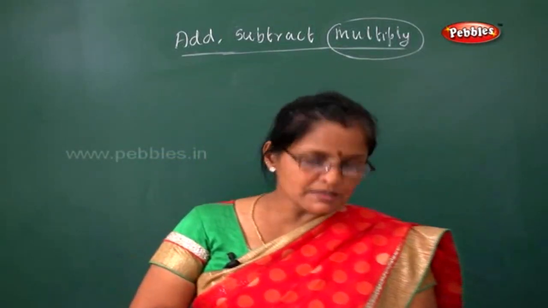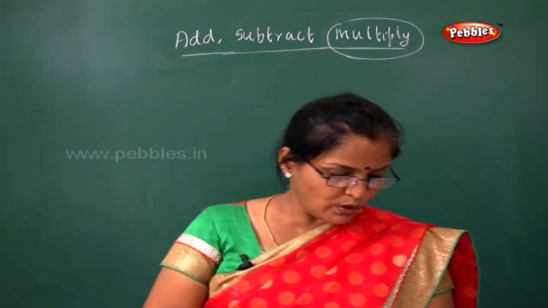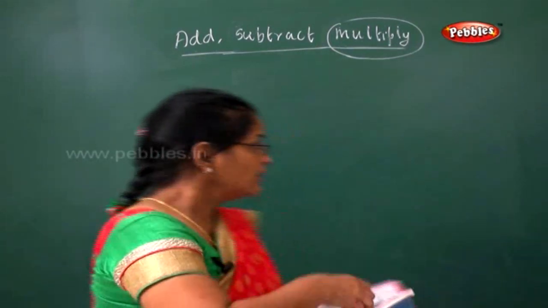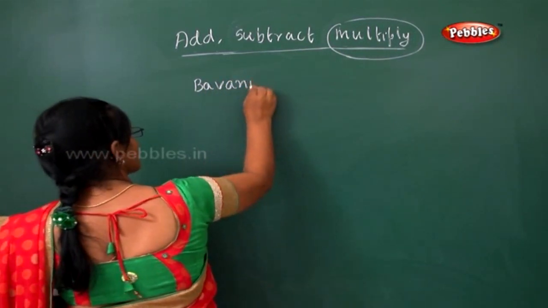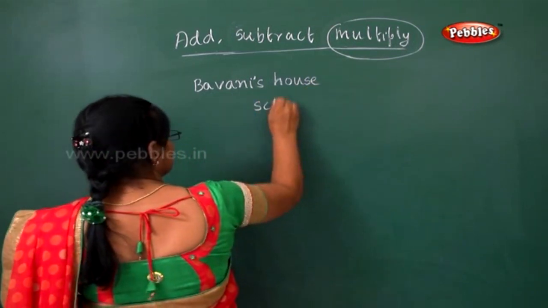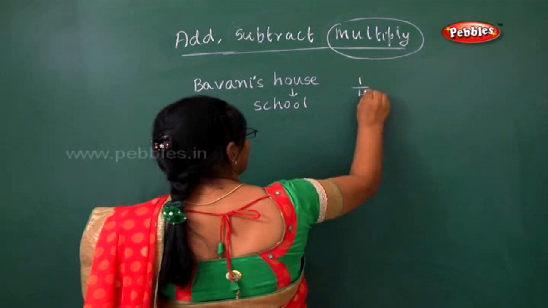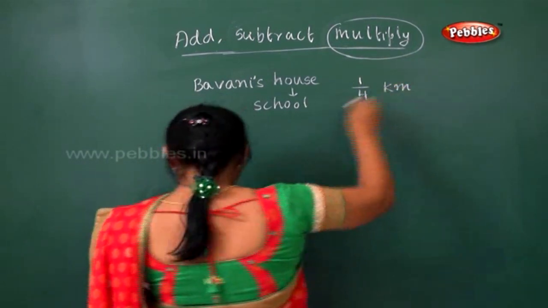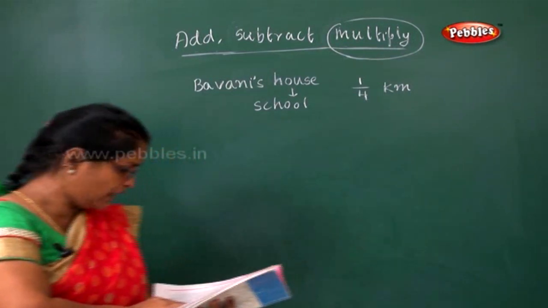The next sum is: the distance between Bhavani's house and her school is 1 by 4 kilometer. Now the question is, how far does she have to walk to go to school and come back?